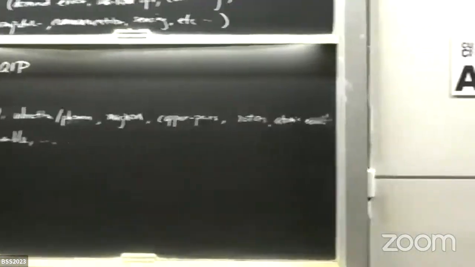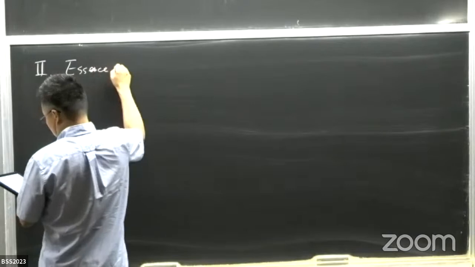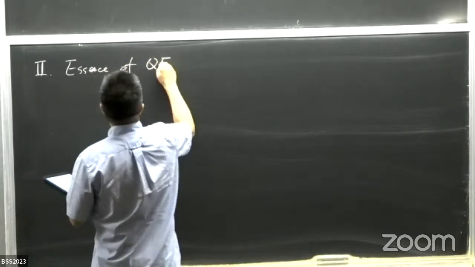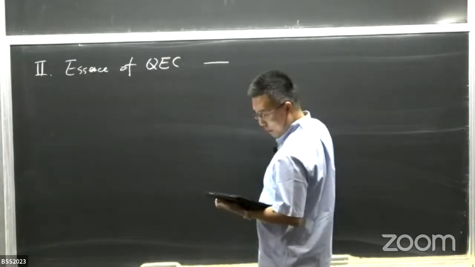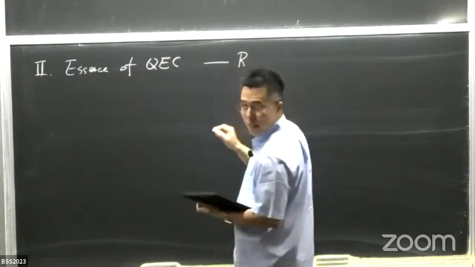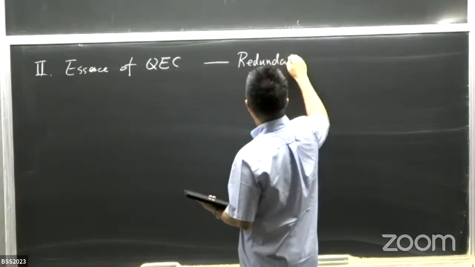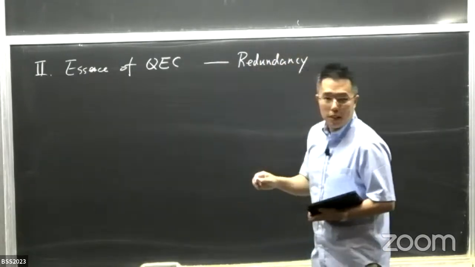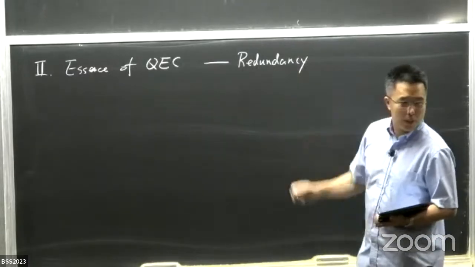Now, the essence of quantum error correction. I hope you just remember one keyword, which is redundancy. Whether you do classical or quantum error correction, the only thing you're using is redundancy.